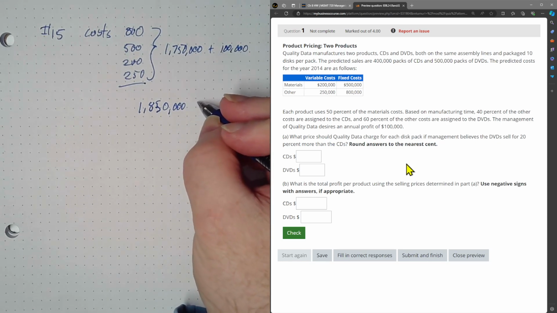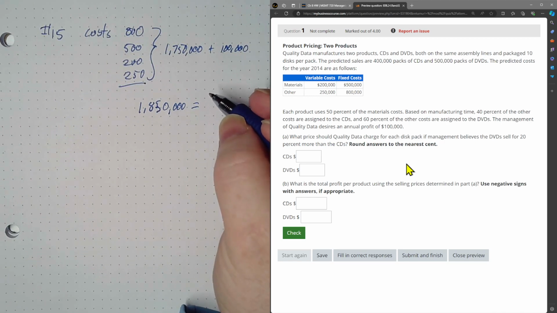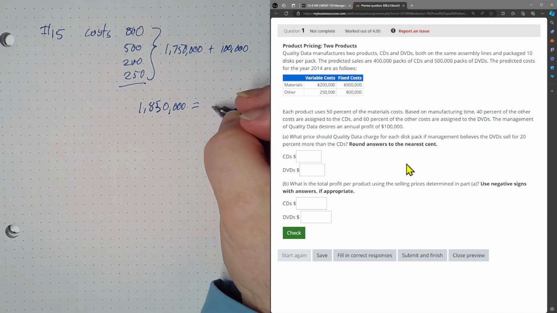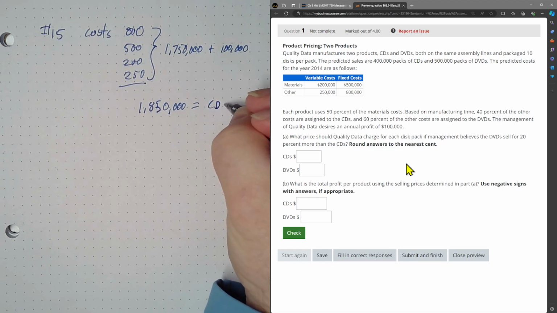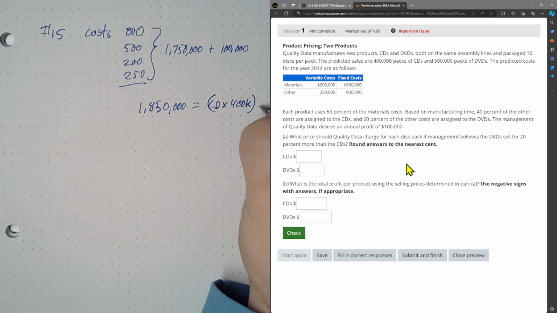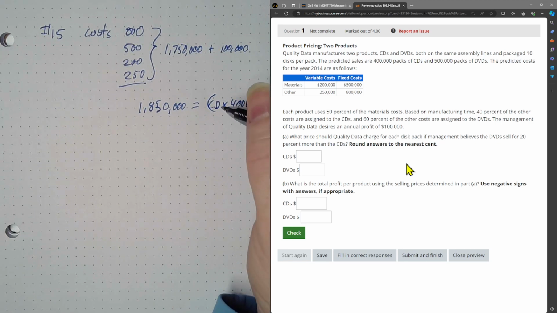Well, that means how much do we need to charge? If a CD, we need to sell 400,000 CDs. So I'm going to say CDs times 400,000 plus, now rather than say DVDs, because that would be a two-variable equation, we now know that DVDs are worth 1.2 of a CD.